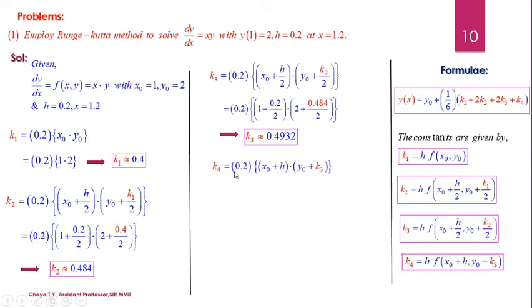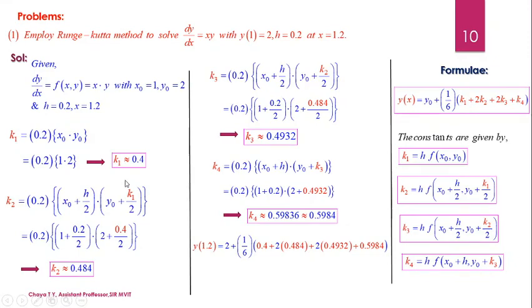So we are going to substitute into the definition of the given function x as x0 plus h and y as y0 plus k3. Then substitute the respective values here and simplify. We get the value of k4 as 0.5984.